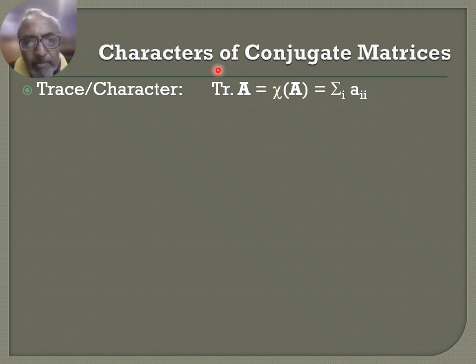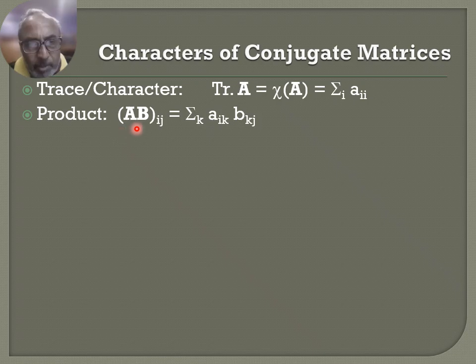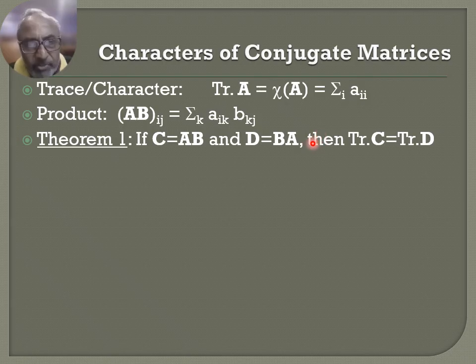We know that the trace of a matrix A is given by the sum of the diagonal elements, that is sigma i, a_ii. The product of two matrices A and B can be written as sigma k, a_ik b_kj. So the first theorem is that the trace of the product AB is the same as the trace of the product BA.